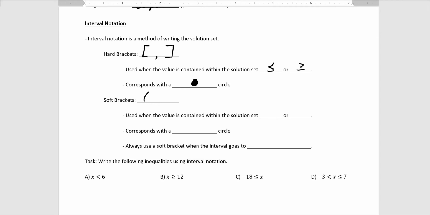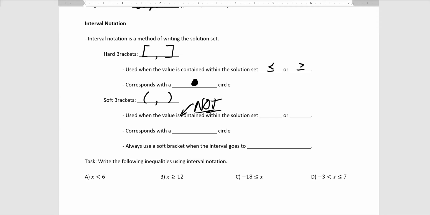Soft brackets, on the other hand, look like parentheses. Don't confuse these with coordinates. They're very different. Soft brackets are used when the value is not contained within the solution set. I have that written that way so you specifically will write not contained within the solution set.